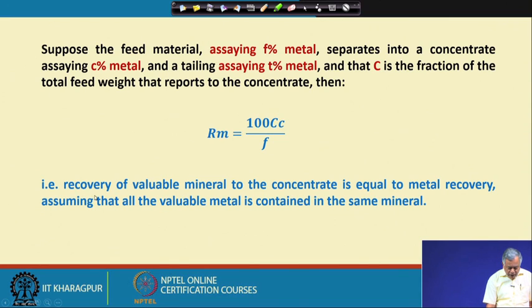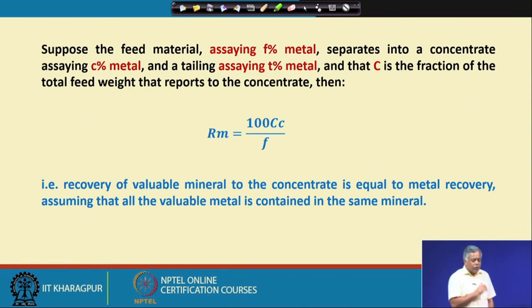So, the recovery of valuable mineral to the concentrate is equal to the metal recovery, but what is the assumption? That we have assumed that all the valuable metal is contained in the same mineral. Why is it important to mention?